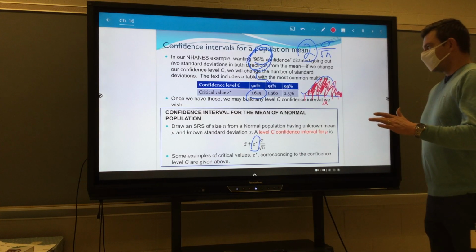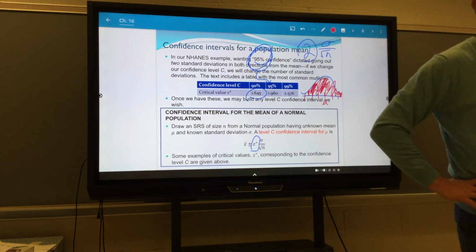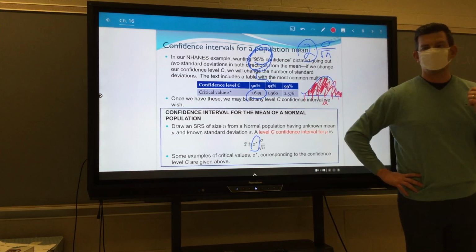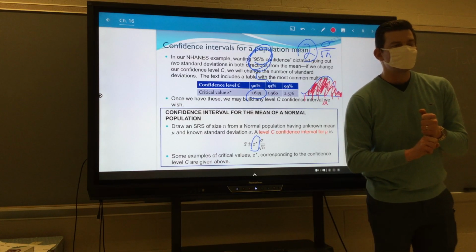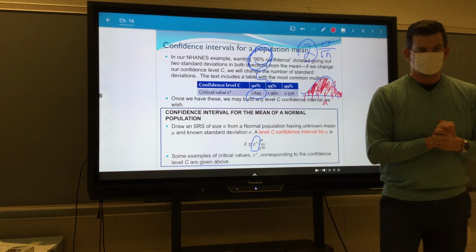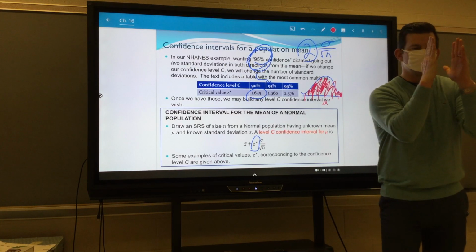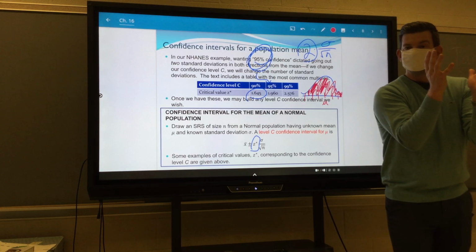So, this 95% confident, it's a nice balance of both level of certainty and practicality in terms of the width of the interval. You don't want it to be too narrow, although narrow would be nice.